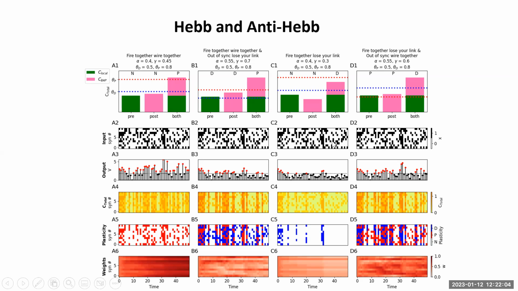So how do we implement this using the calcitron? We set the coefficients alpha, which is the coefficient for the presynaptic calcium, and gamma, which is the coefficient for the postsynaptic calcium, such that when you only have a presynaptic spike, it's below the depression threshold, so you don't get anything. When you only have a postsynaptic spike, it's also below the depression threshold, so you don't get anything.